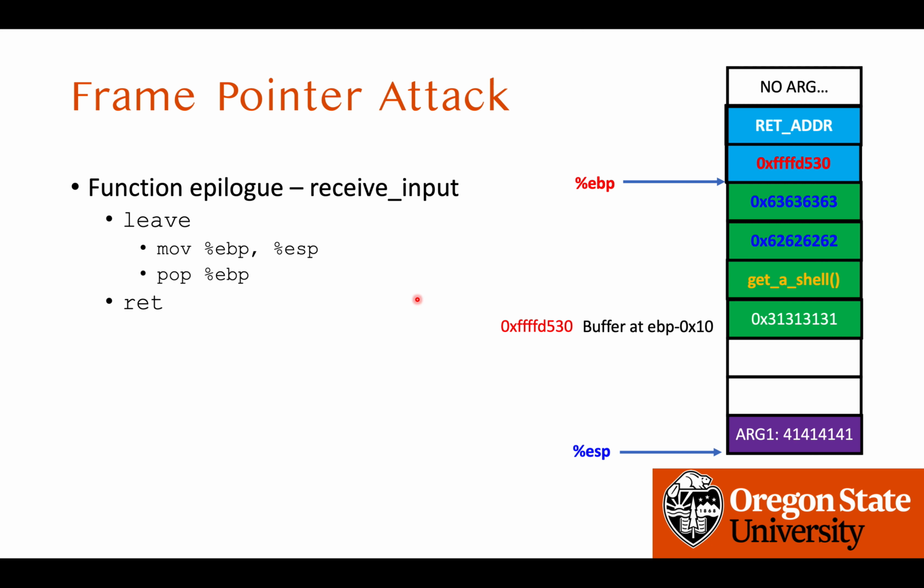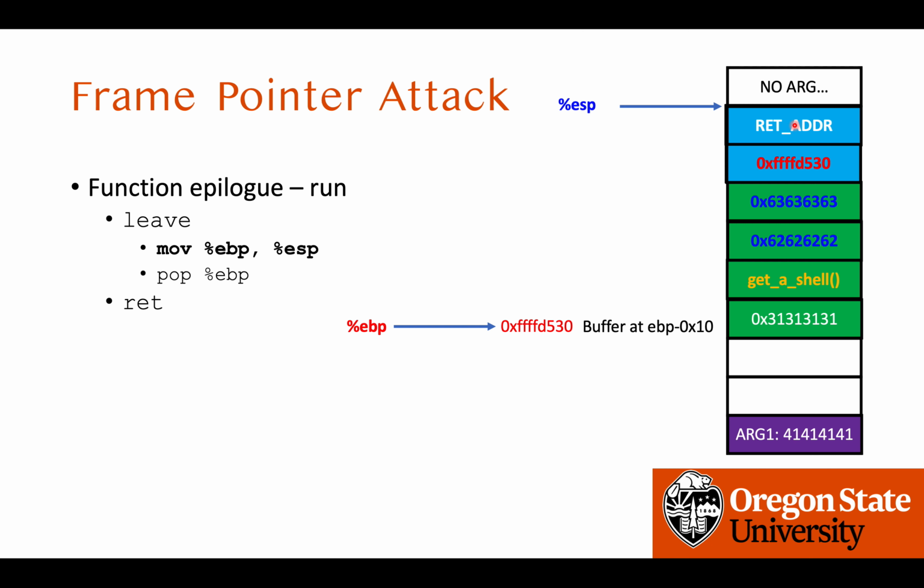And then when we run the first leave and return, it will move ESP to EBP like this, and then pop EBP. So EBP will point to the start of the buffer, and then ESP will point to the original return address, and then return. And then it will have the second return in the run function.